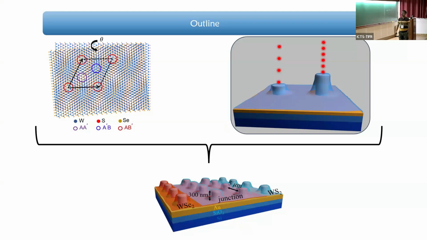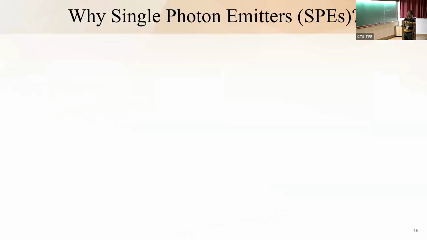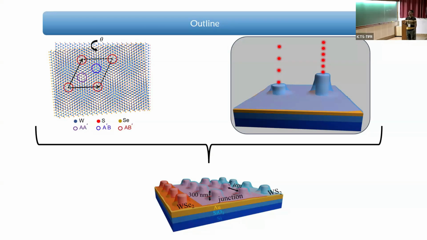So now I'll switch gears a little bit, and I'll discuss these nano pillars and what's the role of having strain in this. This is another platform that we are working on, and we are talking in the context of single photon emission.